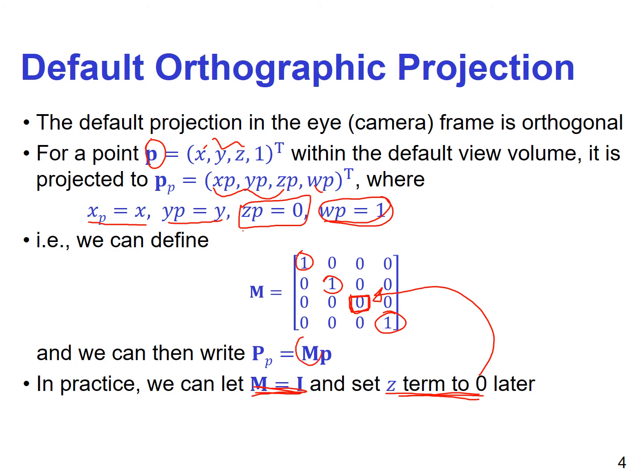And if you multiply this matrix with any point P in the XYZ coordinates, it will give us its orthographic projection on the Z equal to 0 plane. So this is a very simple derivation of a model view matrix given here so that you can understand how projection is performed in its simplest form.